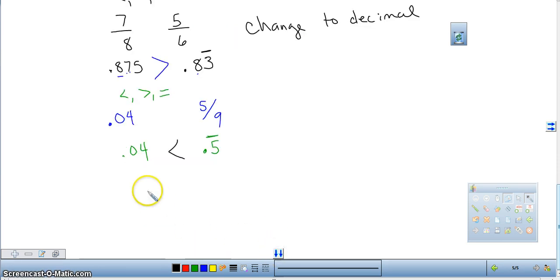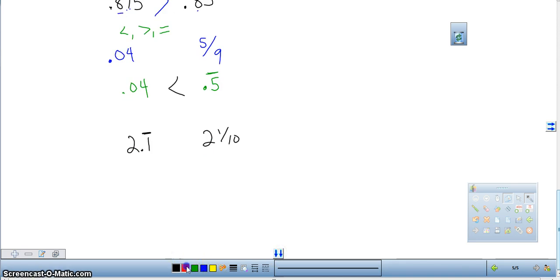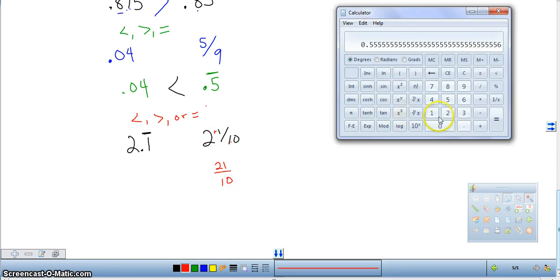Okay, what about if I have 2.1 and 2.1 repeating, we'll say, and 2 and 1/10. This one is harder. So once again, you want to say less than, greater than, or equal. So 2 and 1/10, that would be 10 times 2, 20, plus 1, so you get 21 over 10. 21 divided by 10 is 2.1.